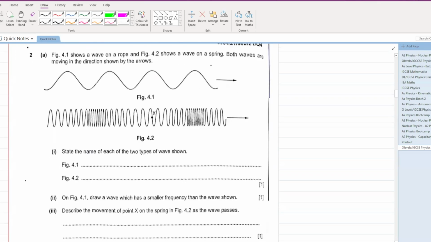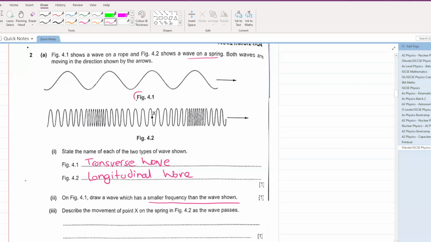Figure 4.1 shows a wave on a rope and figure 4.2 shows a wave on a spring. Both waves are moving in the direction shown by the arrows. State the name of each of the two types of wave shown. Figure 4.1 is a transverse wave. Figure 4.2 is a longitudinal wave. On figure 4.1, draw a wave which has a smaller frequency than the wave shown.